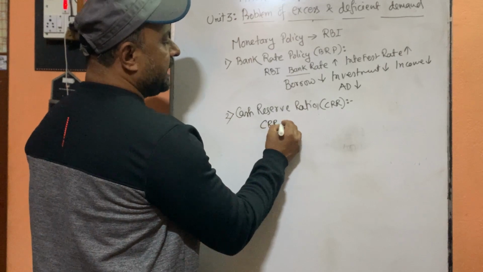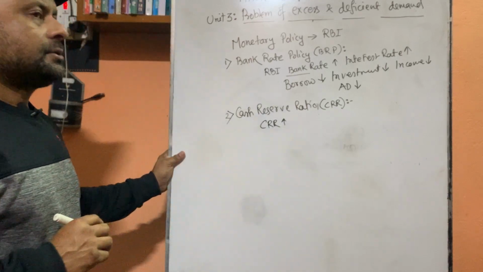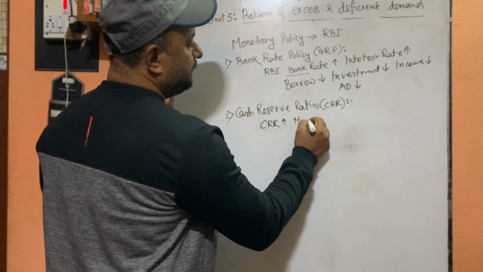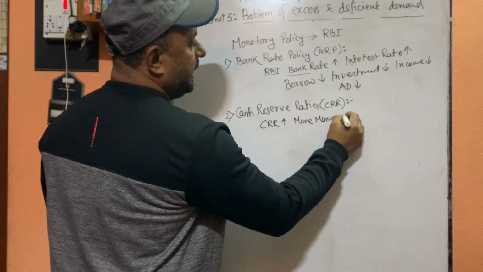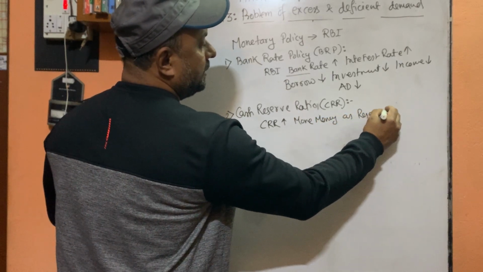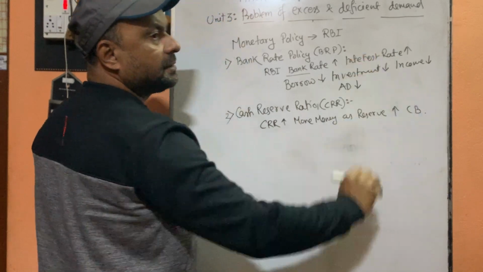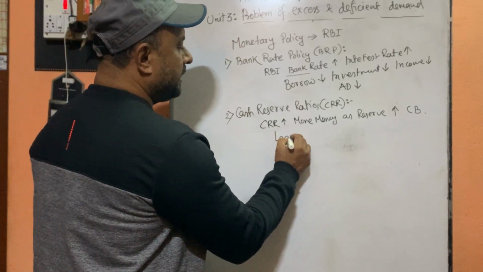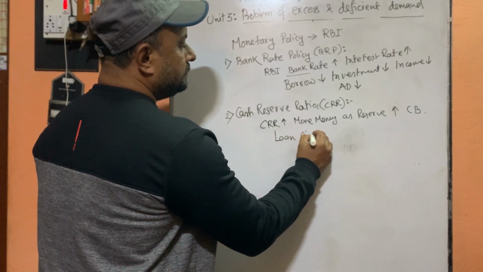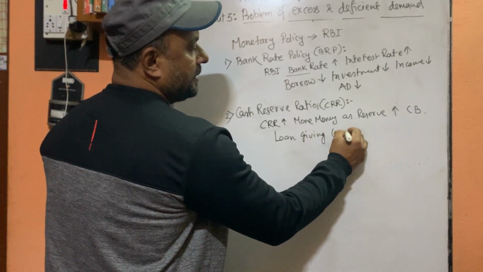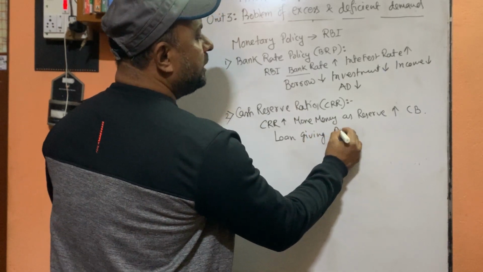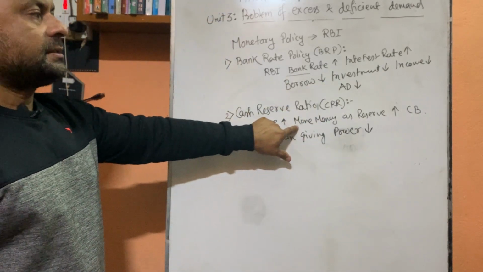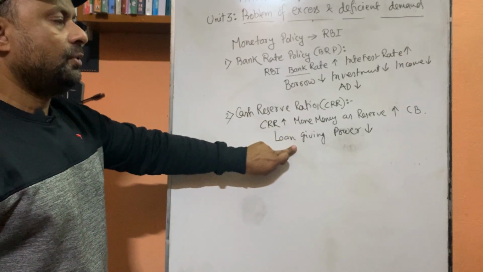The central bank increases the cash reserve ratio of commercial banks. So by this, commercial banks have to keep more money as reserve with the central bank, which means their loan giving power reduces, because they have less money in their hand to give loans to the market.